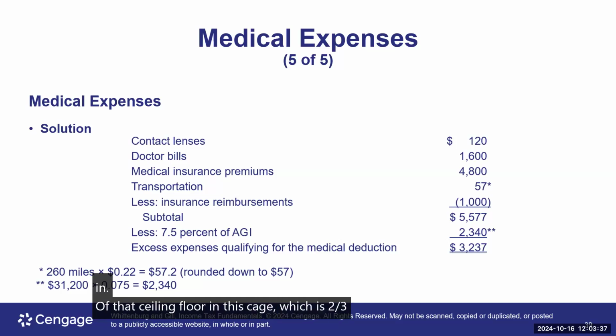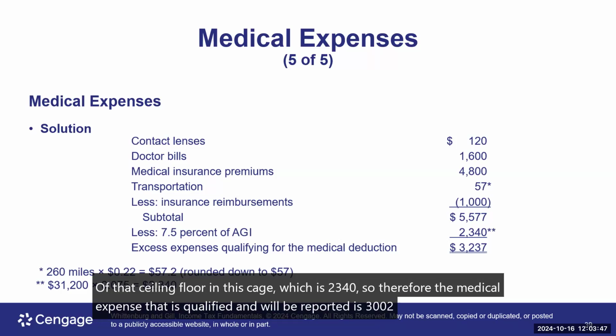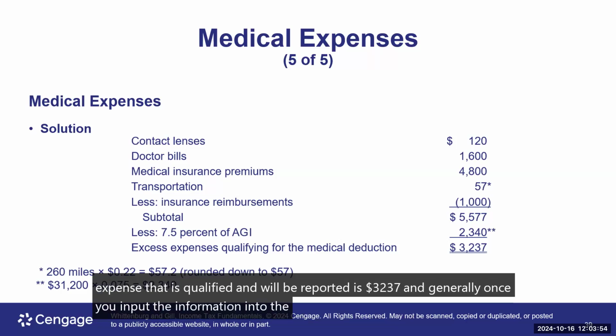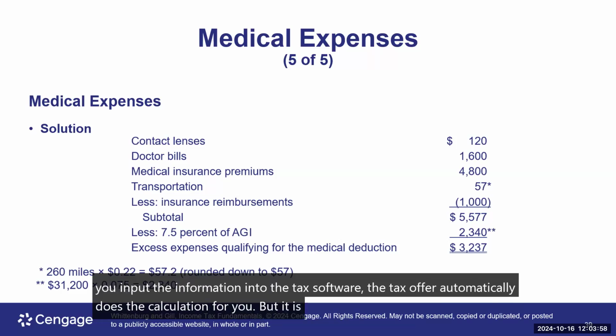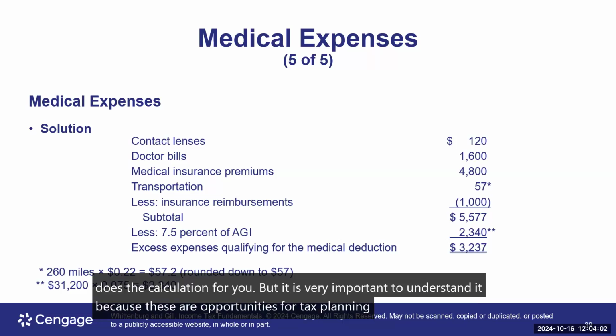So therefore, the medical expense that is qualified and will be reported is $3,237. And generally, once you input the information into the tax software, it automatically does the calculation for you. But it is very important to understand it, because these are opportunities for tax planning and strategy with the client.